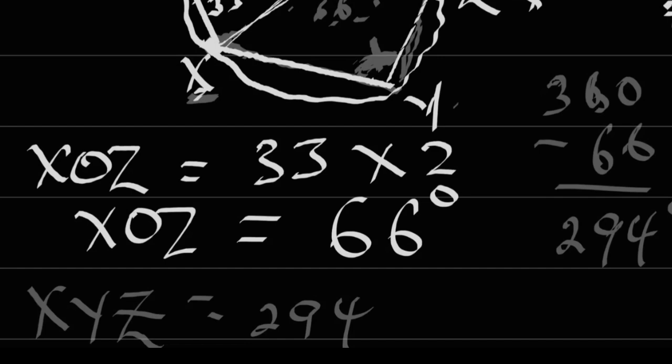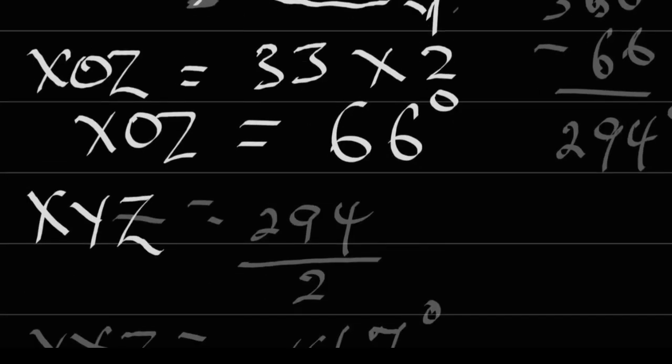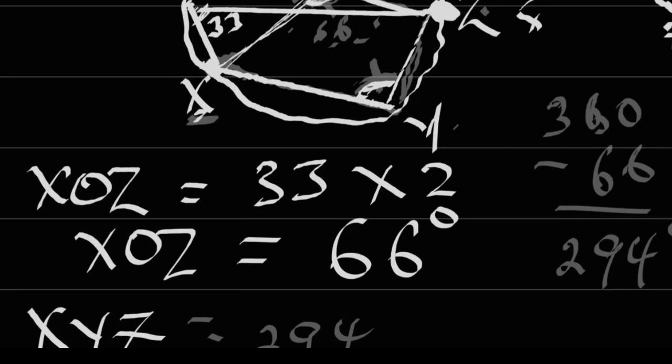Remaining angle XYZ. Angle XYZ, that is this very angle here. If we are to use this same theorem, you see that this angle and this angle 33 are not facing the same direction, so we can't make use of it. This one is facing up, this one is facing down, and we cannot use this angle at the center here, because this angle is facing up, this one is facing down.